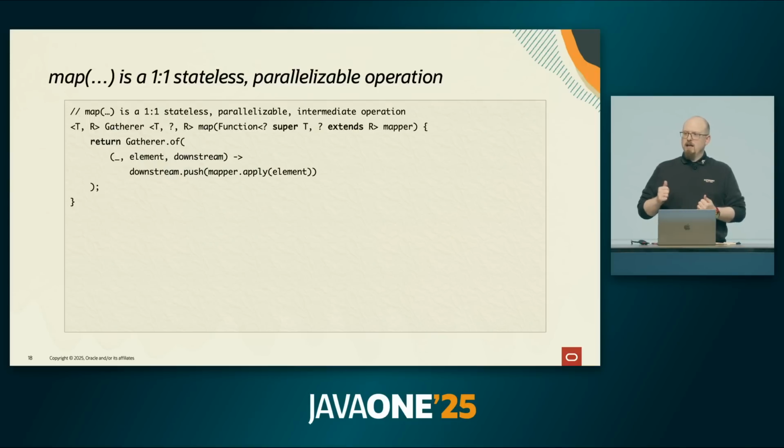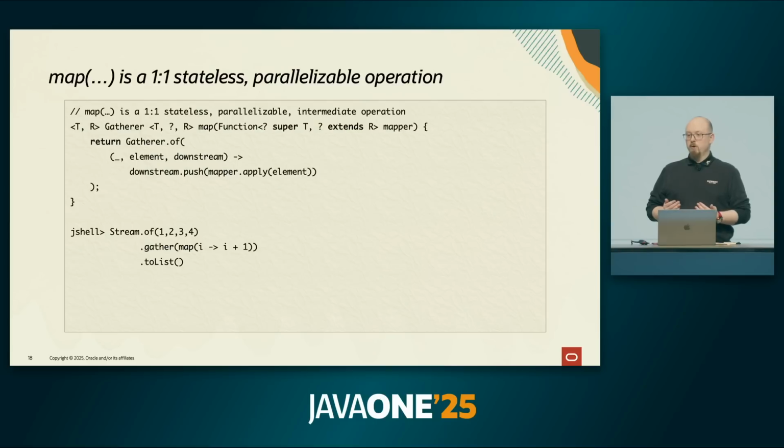And what we say is that we do not need any state type. We're stateless, hence the underscore. For each element that we receive, we apply the mapper function to that element and push the result of that mapper function to the downstream, and we return whatever the downstream push returns. So this code here is all the code necessary to implement map.